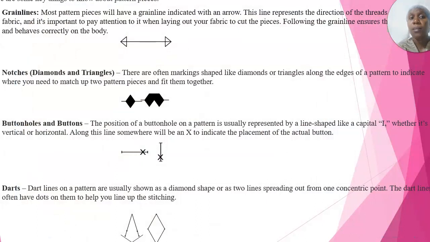We have some key information, or pattern piece information, that will help you when you are laying out your pattern pieces. The first one: always be careful of the grain lines. The grain lines are represented by these arrows that you can see here.